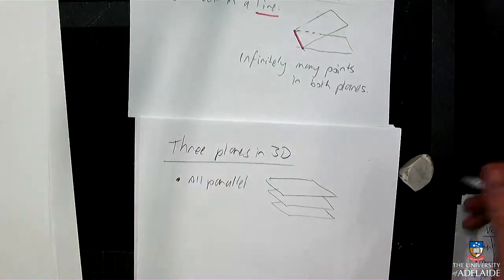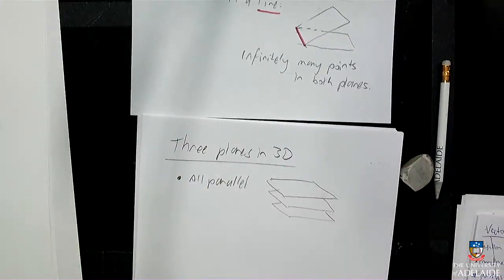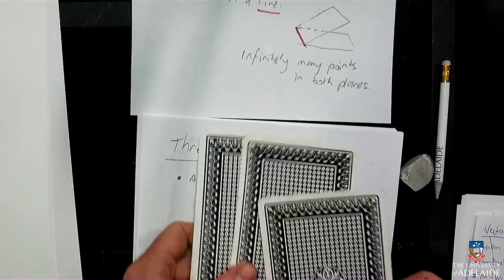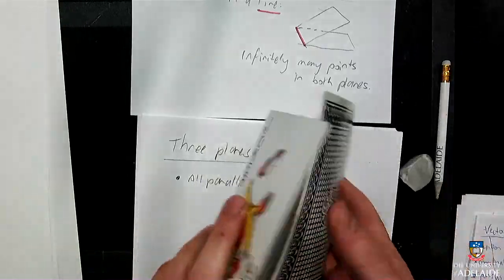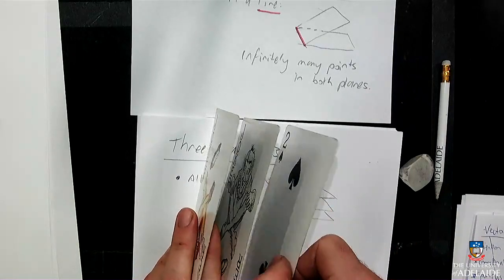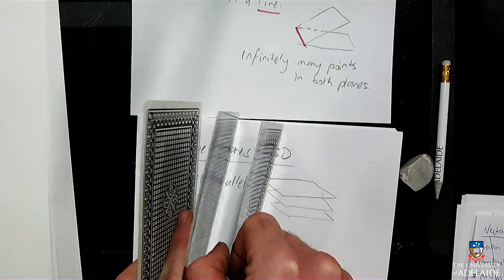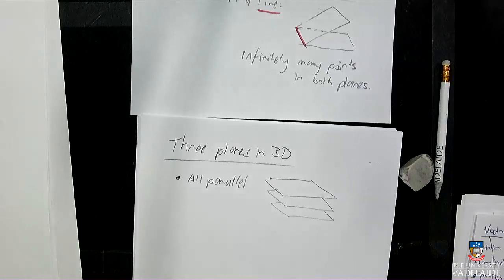So 3 planes being parallel, totally, I can do it. Ta-da! All parallel, perfectly fine, and there's no points that are in all 3. But you actually only need 2 of them to be parallel to not have any points in all 3.